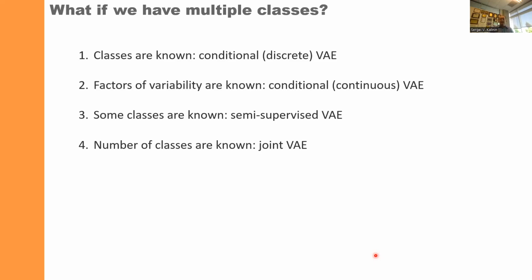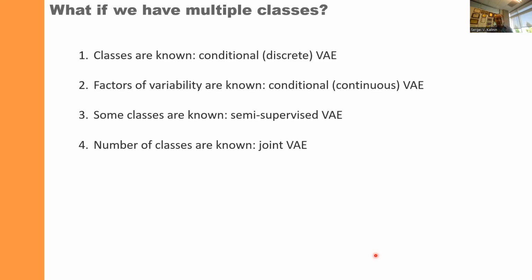For example, if I'm looking at the cards data set, I intrinsically understand that the suit of the card and the rotation or distortions are different factors of variability. VAE will put them all in the same latent space. So the question becomes, what can we do to adapt VAEs and make them more flexible to analyze data that has dissimilar factors of variability?